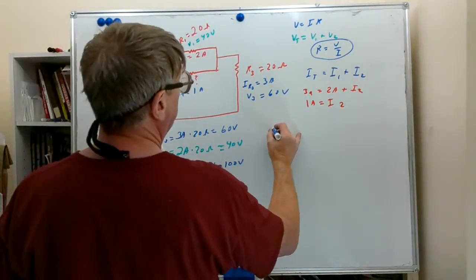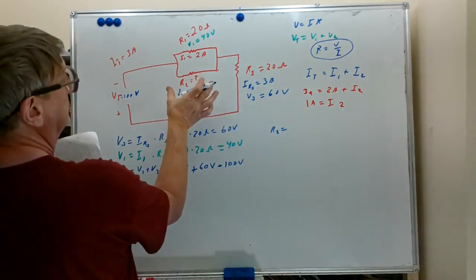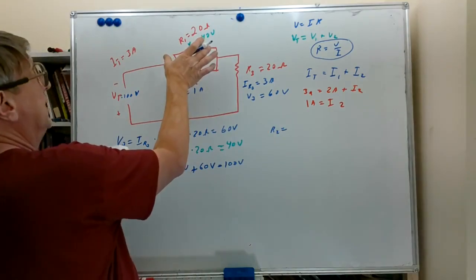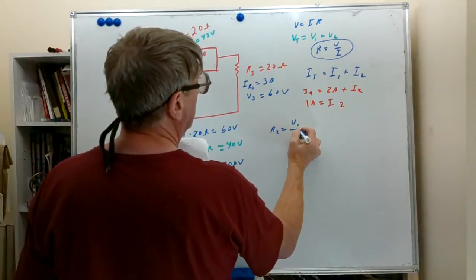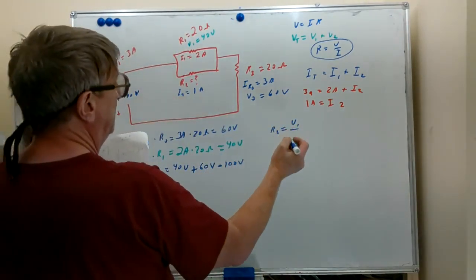So we're going to say that R2 will equal V1, which is the voltage across R2 in this case, because the voltage across R2 and R1 are the same, V1 divided by the current I2 through R2.